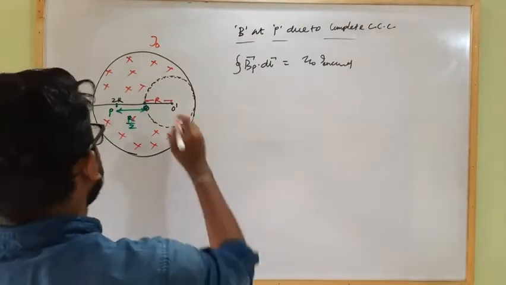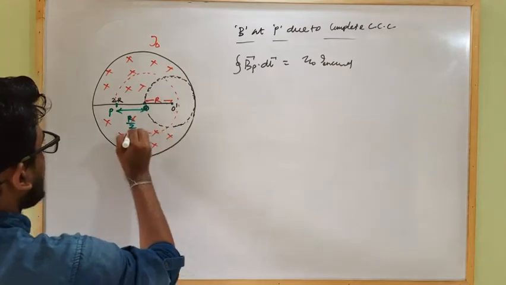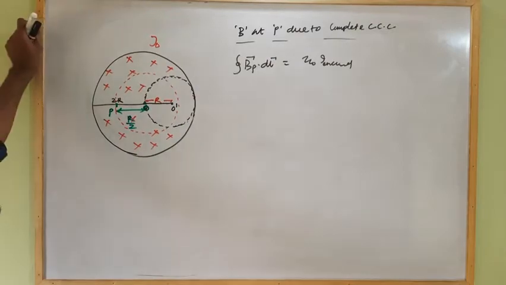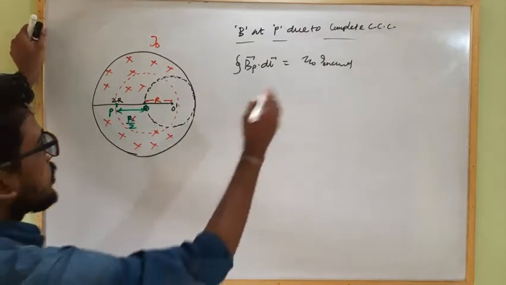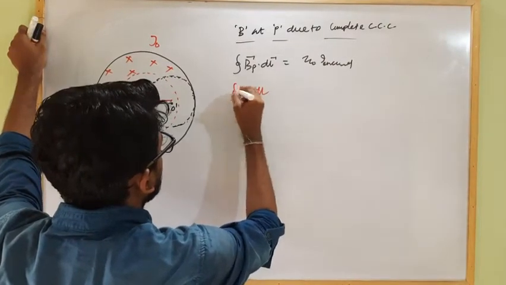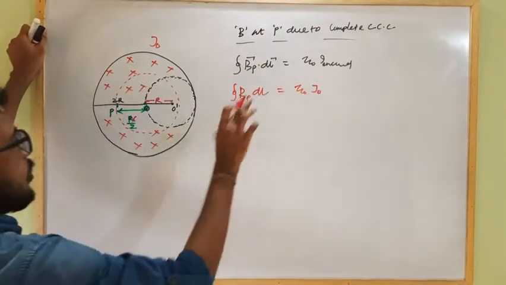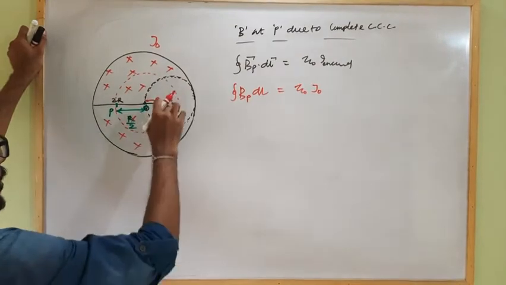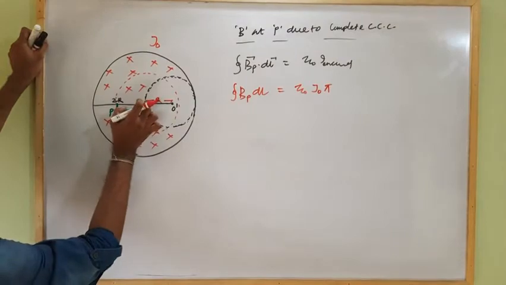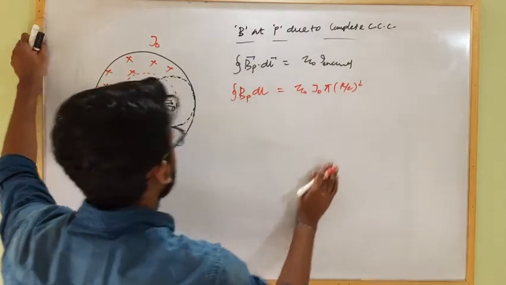Okay, so we have to assume an Amperian loop like this. So what will be the value of I enclosed here? B and dl have the same direction, so B dl closed integral will be mu naught I enclosed, which is current density J naught into area of the Amperian loop. What will be the area? Pi, and the radius will be r by 2 from center O. So it will be pi r by 2 square.